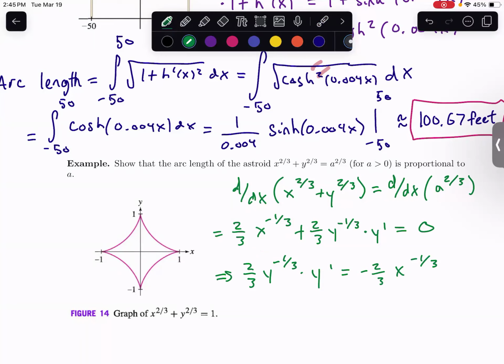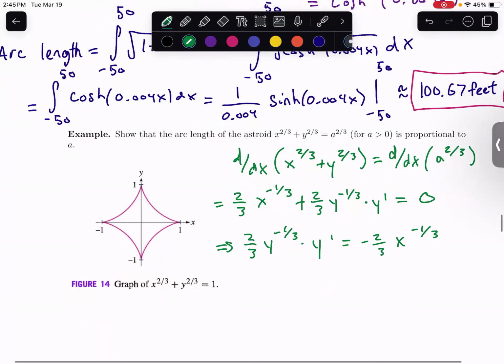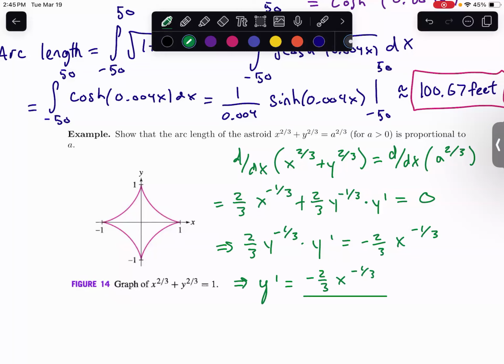And then we'll just divide both sides by this 2/3 times y to the minus 1/3 to get y prime on its own. Right, so if we do that, we'll have y prime is going to be equal to minus 2/3 times x to the minus 1/3, and then this will be over 2/3 times y to the minus 1/3.